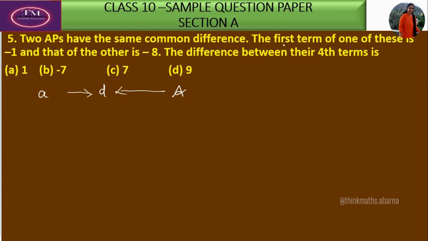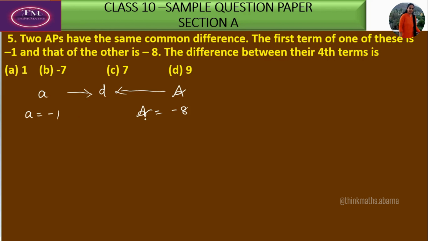What is given? The first term of one AP is minus 1 and for the other AP, the first term is minus 8. So there are two APs, small a and capital A. Small a denotes the first term of one AP, it is minus 1.